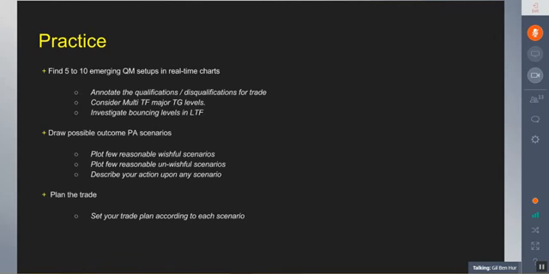Try to find as many as you can, but make it reasonable. I mean, don't overdo it, but try to find the ones that go very good, the ones that go very bad, and the ones in between, and explain to yourself what you're going to do when anything happens.